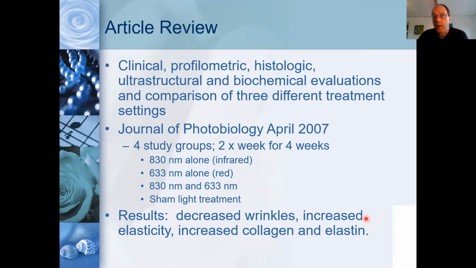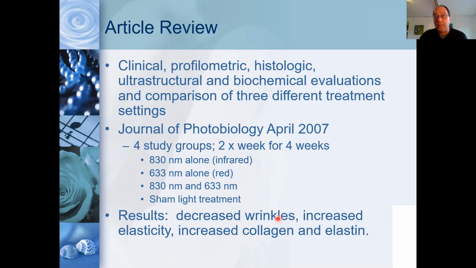So if you remember your anatomy of epidermis and dermal tissue, we know that elastin and collagen form the support of the dermal tissue. Collagen and elastin are not in the epidermis, they're in the dermal tissue. When collagen and elastin break down, that breakdown causes wrinkles because it cannot support the epidermis.